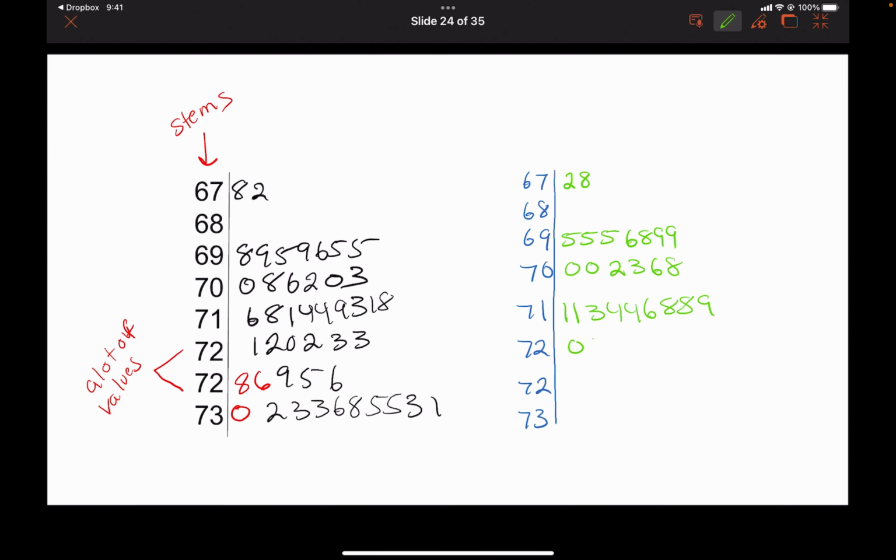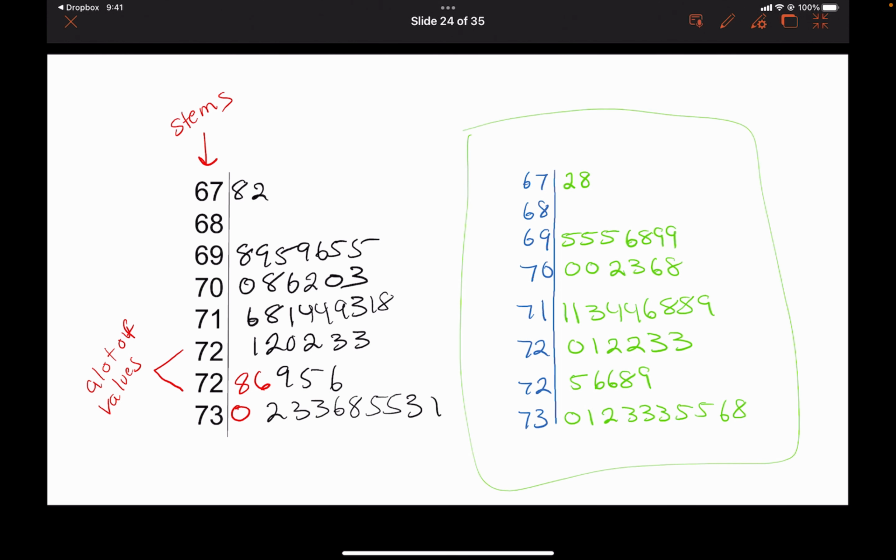Remember, I'm only doing up to 4 here, and then I'm going to do 5 through 9 here. Sometimes it's hard to talk and write at the same time. 6, 6, 8, 9. And then 0, 1, 2, 3, 3, 3, 5, 5, 6, 8. There we go. So this right here is your final stem and leaf plot.